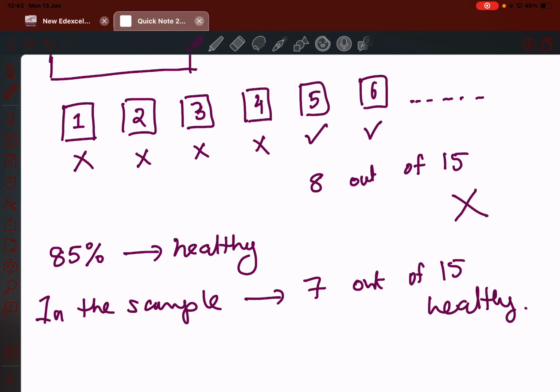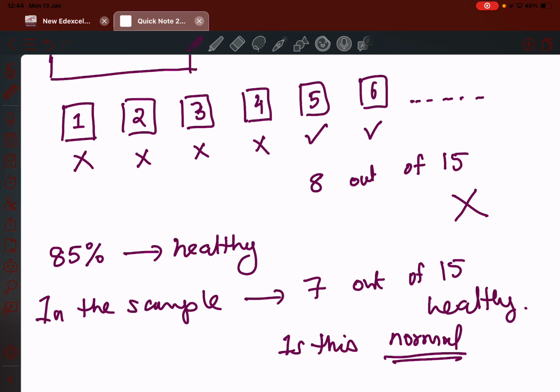So we want to know, is it normal in real life, if you take a sample of 15 and only 7 out of 15 are healthy, is it going along with the claim that 85% are healthy? That is what we are trying to figure out. So we want to know, is this normal, or is this acceptable?